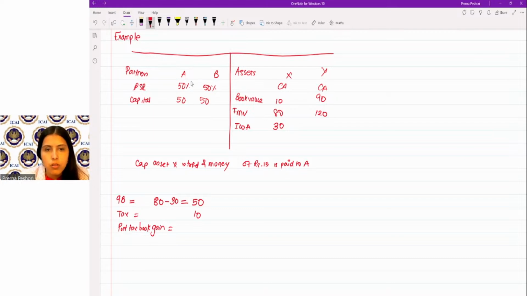No, Gopika, that's not correct. Post-tax book gain, Jacob, not only the book gain.